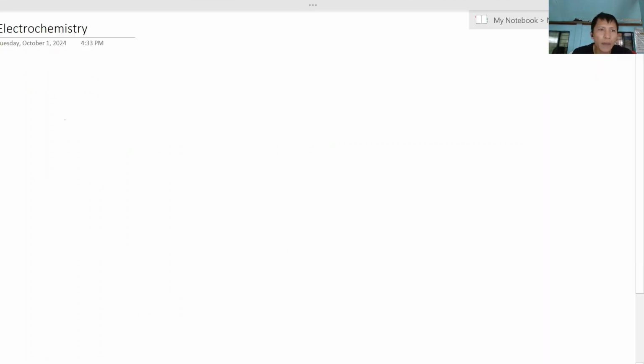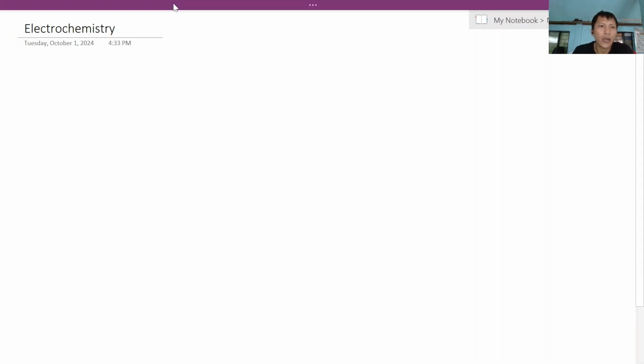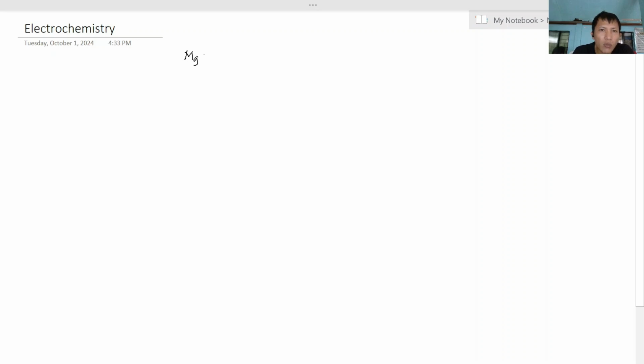So we write that down. I think that is needed. For magnesium chloride, MgCl2, from your table of ions, this should be magnesium 2 plus and 2 moles of chlorine. Again, this can be found from your table of ions.